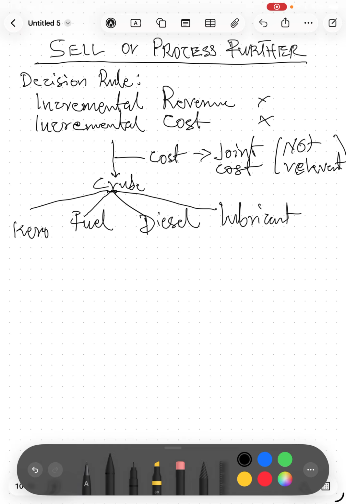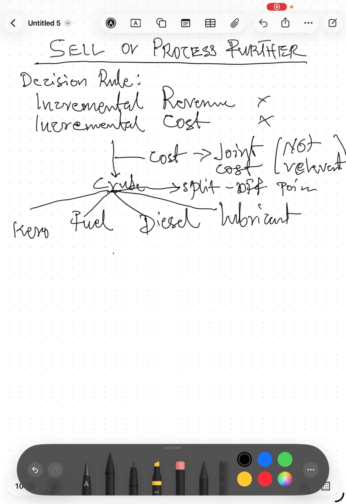At this place is what you call split-off points. This split-off point is where you now diversify and produce other things from the first product produced. So we are saying, should we sell at crude oil level or move further to produce kerosene?